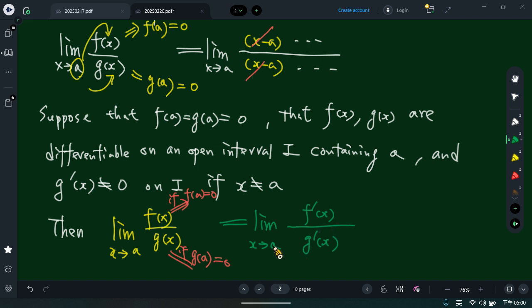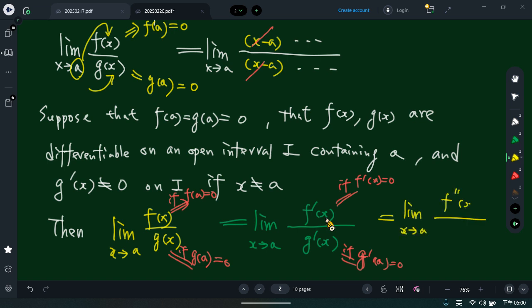And then again, you just repeat the process. Use a to replace x here, and see if f prime of a is 0 and g prime of a is also 0. Then you can try to continue this process to f double prime of x over g double prime of x.